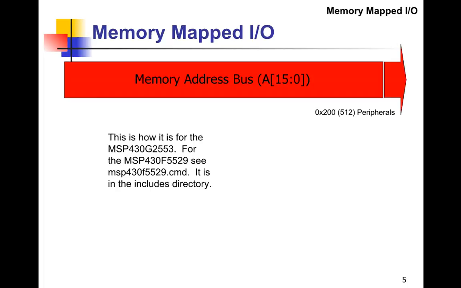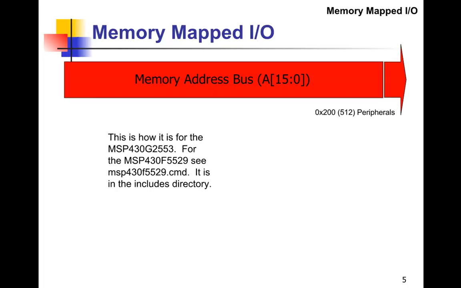And so you need to actually look at the MSP430 F5529.cmd file to see some of the differences there. It's in the includes directory, by the way.